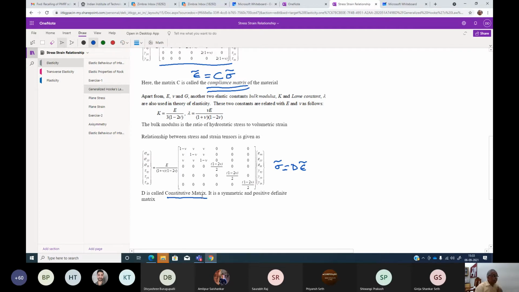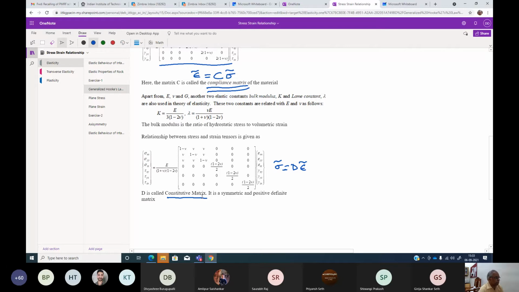So do not forget this term constitutive. It is basically coming from constitution. And you know why it is called constitution or constitutive? Because to run a country, you need a constitution, right? In a democratic country. Similarly, to understand the material behavior, you need to understand this matrix.